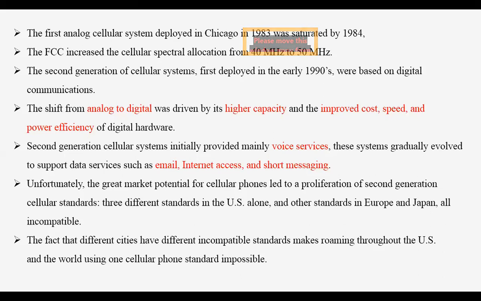When we study why digital communication, you will find the advantages of digital communication systems and how they are robust, cost effective, speed, efficiency, all these parameters. Then the second generation cellular system initially provided mainly voice services.